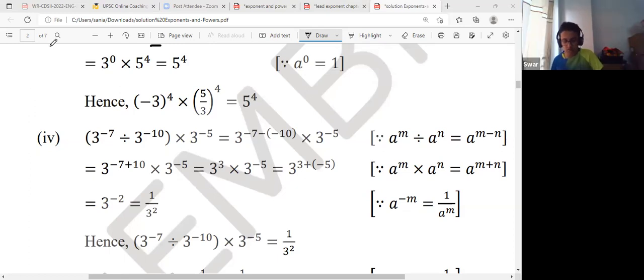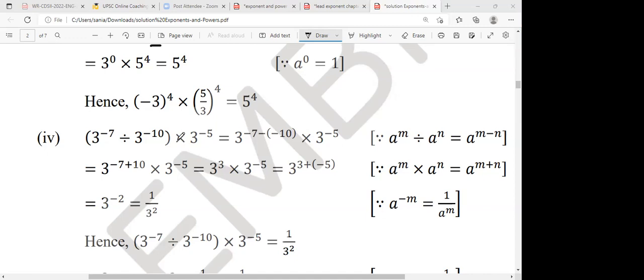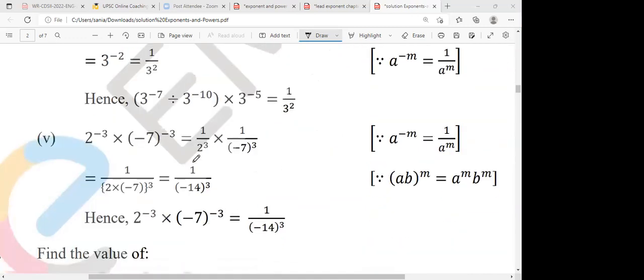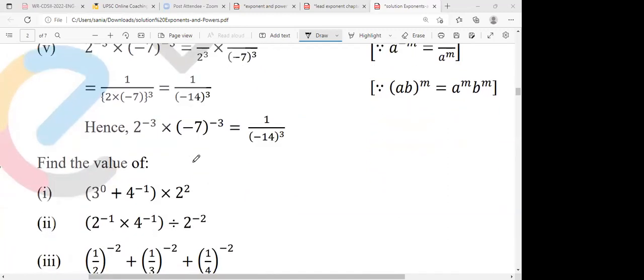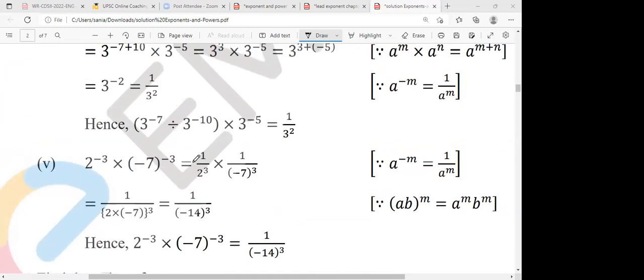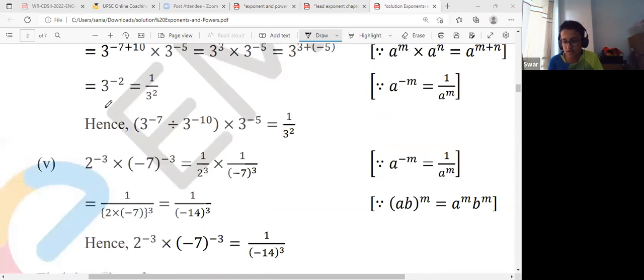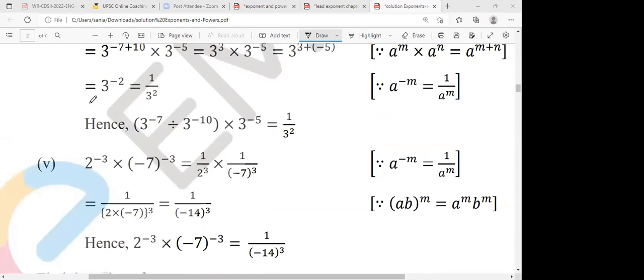So, ma'am, is the answer 1/3 raised to the power 2? Yes. Good. Now, fifth one. Ma'am, for the fourth one, is the answer 1 upon? Yeah, it's correct.